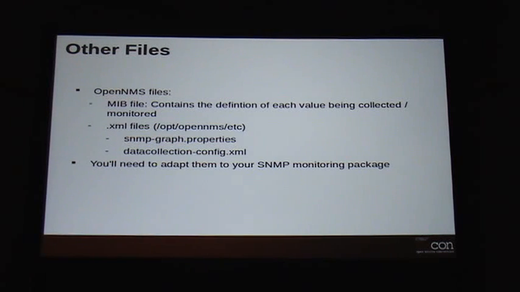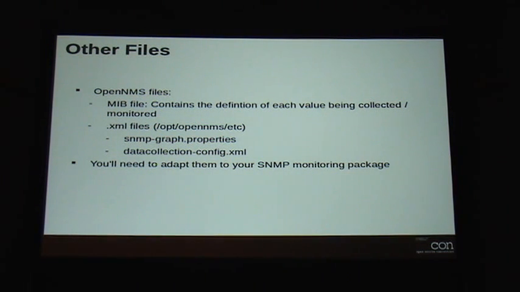So there are other files, and these are actually the complicated files that also need to be kept in mind. These depend a little bit on the monitoring software. First of all, there is a MIB file. I can't remember now what the acronym stands for, but it has the definitions of all the numbers and what variables those numbers represent.